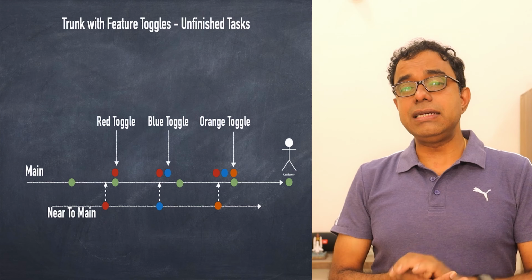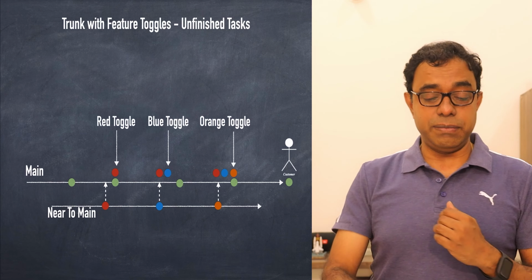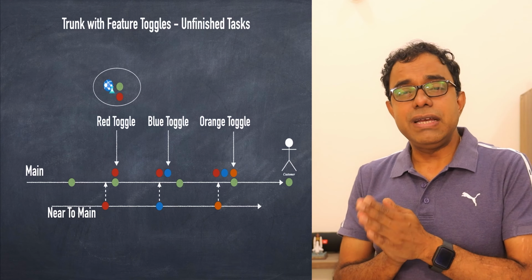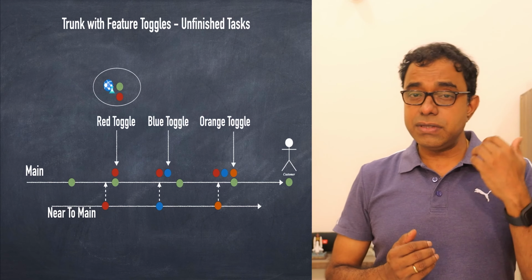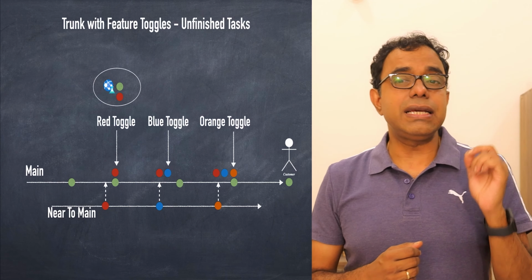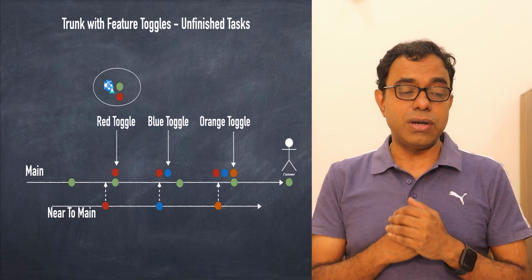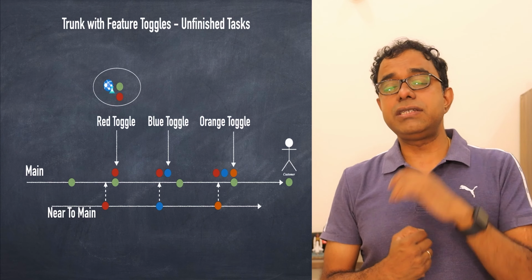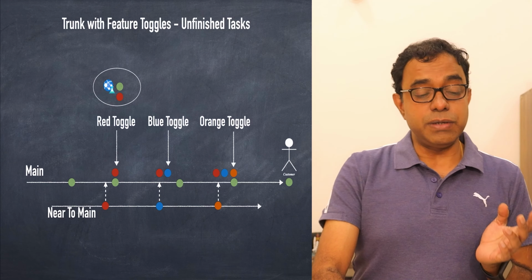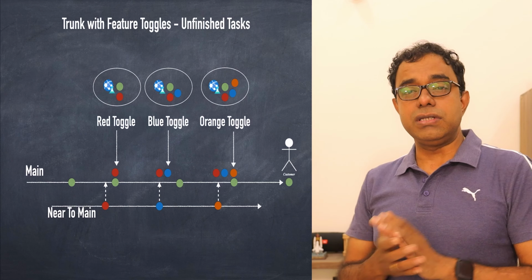Until and unless we enable these toggles, these features will not be enabled. And you know why we create feature toggles? Because whatever changes we are doing as part of the new feature, we can test against the existing feature. So when we have the red toggle, we can check the red feature with the green feature to make sure that nothing is being broken, and the same is applicable to the blue feature as well as the orange feature.